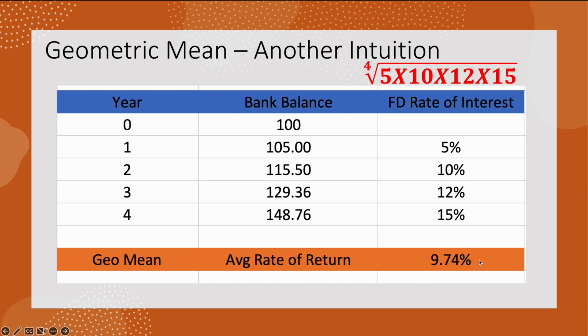That if a bank had been offering a 9.74% fixed rate of interest for the entire 4 years, I would still have gotten, on my 100 rupee investment at the end of 4 years, 148.76 rupees, right? That's why the geometric mean of 5, 10, 12 and 15 is 9.74. This is another intuition, another way of interpreting geometric mean.